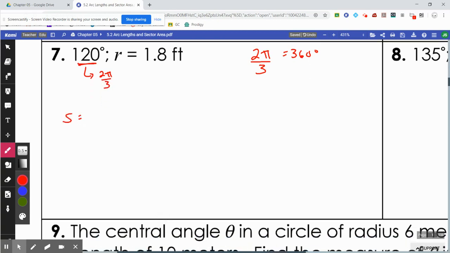So S, arc length, is equal to the radius, which is 1.8, times the central angle, which is 2 pi over 3 here. When you multiply that out, that gives you 3.6 pi over 3. And again, you could actually divide that and get 1.2 pi. Or if you want to clean it up and leave it as a fraction, multiply top and bottom by 10.